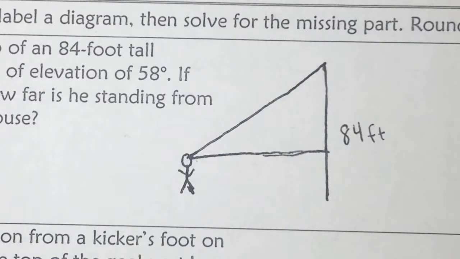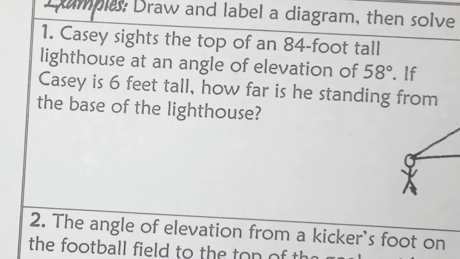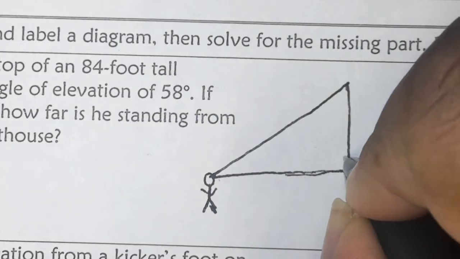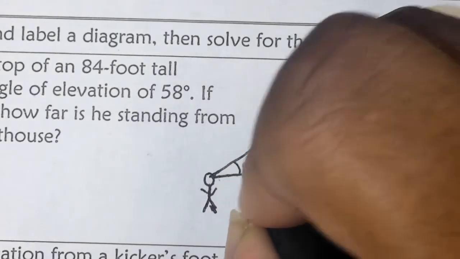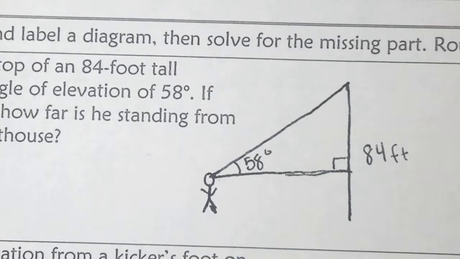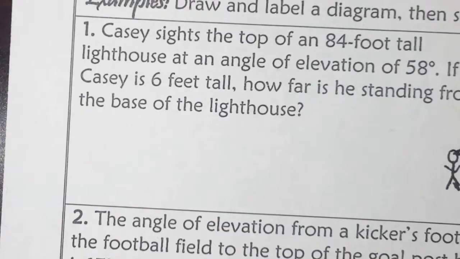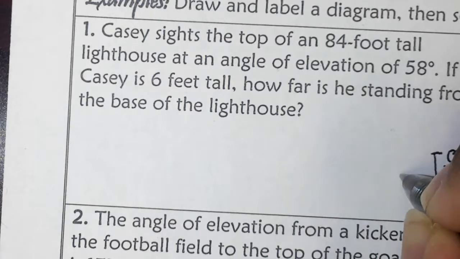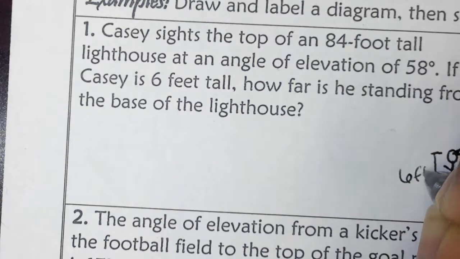And then they say angle of elevation is 58 degrees. You should know where that angle goes. 58 degrees here. It says if Casey is 6 feet tall, so Casey herself, I don't know if Casey's a boy or a girl, 6 feet.